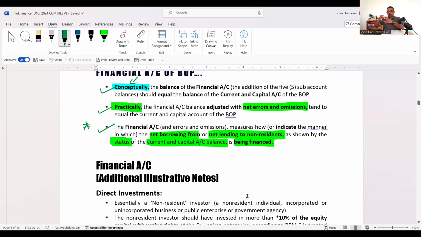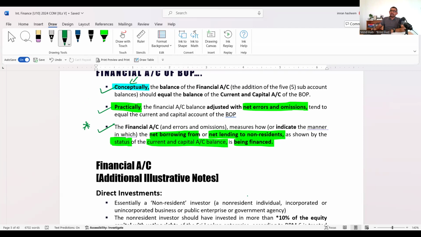But this knowledge continues on in page number 10, when we discuss the concept called overall balance. There also this comes back.